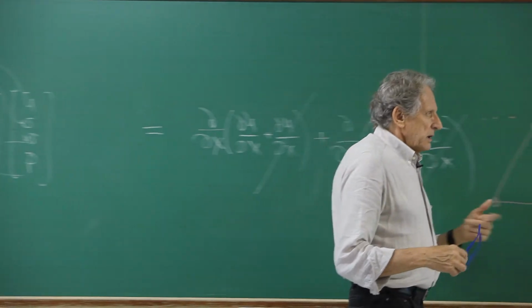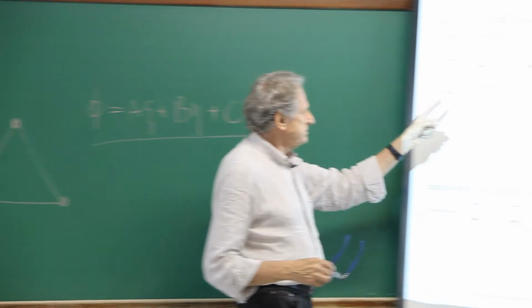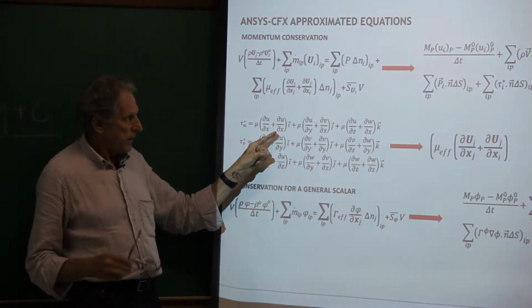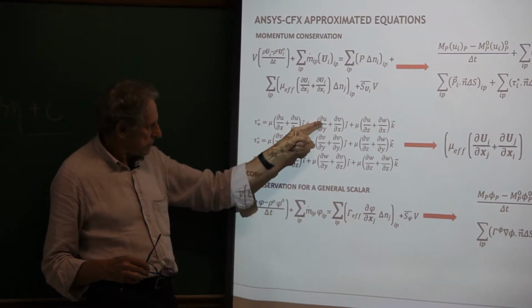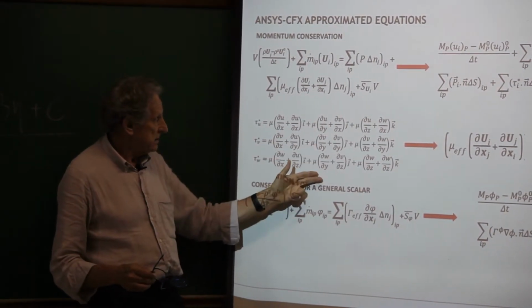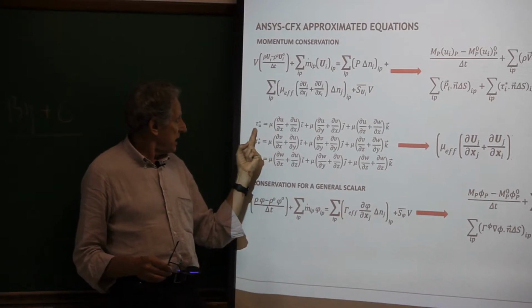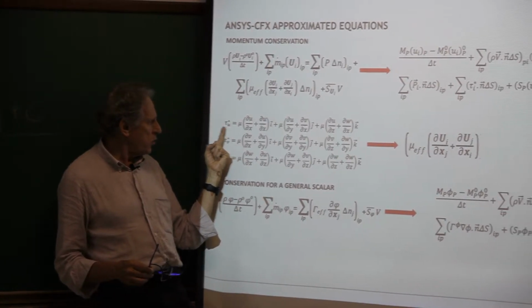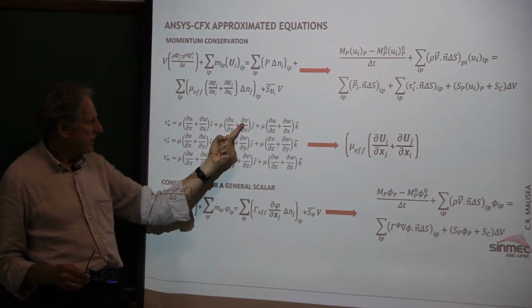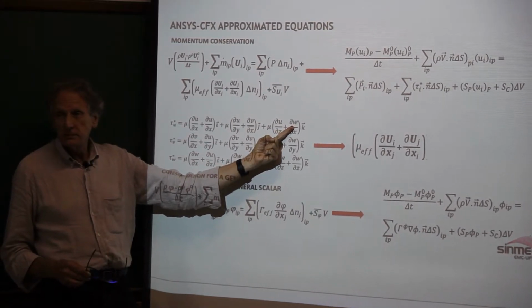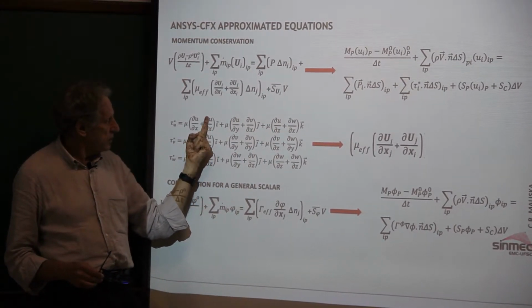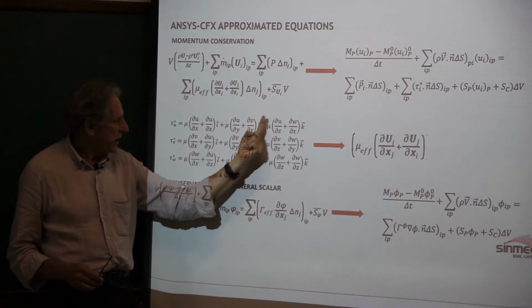So it's written like that, such that in the equation for u, there is v, there is w. This term would cancel with this one and with that one.